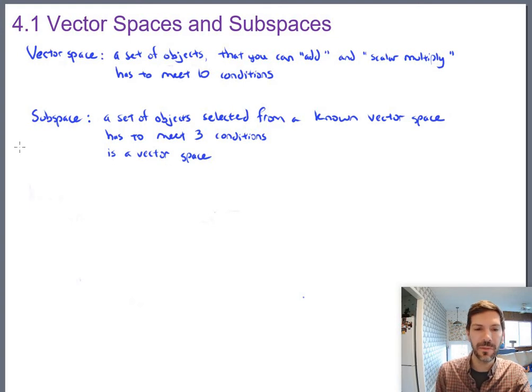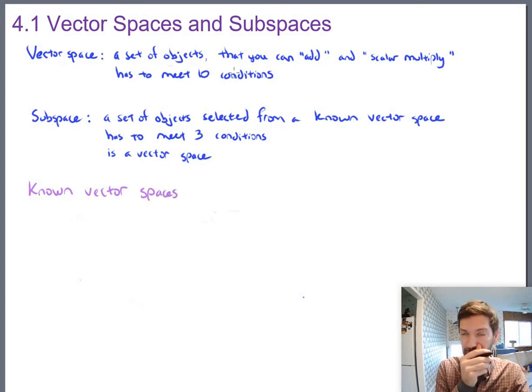So before we go too much further, especially when we talk about subspaces, it's worth talking about what are some known vector spaces. So let's do that. There's a few where you're not going to need to check all 10 conditions every single time, which gets old real fast, believe me.